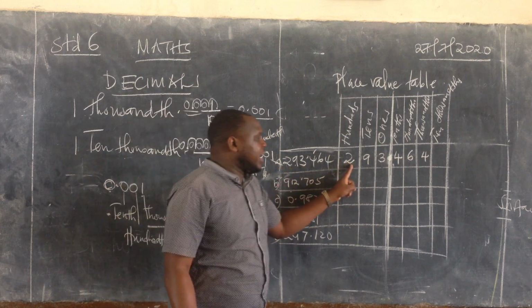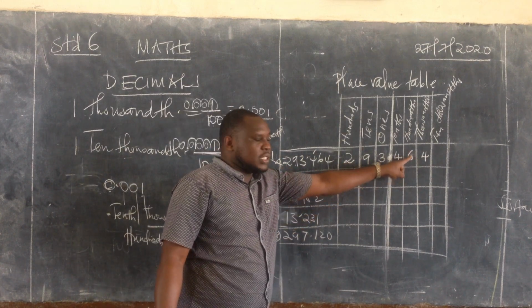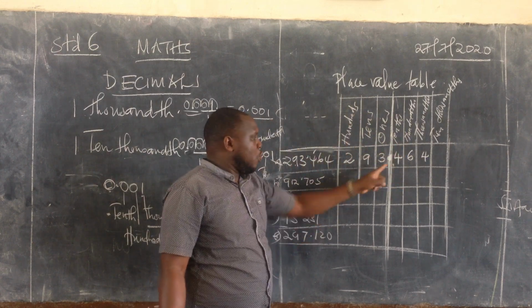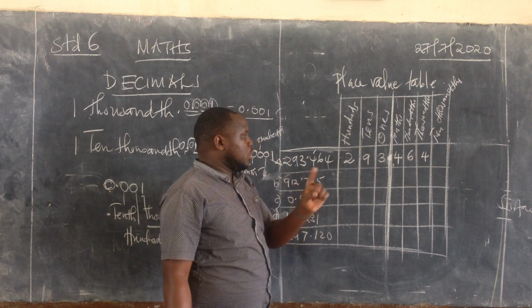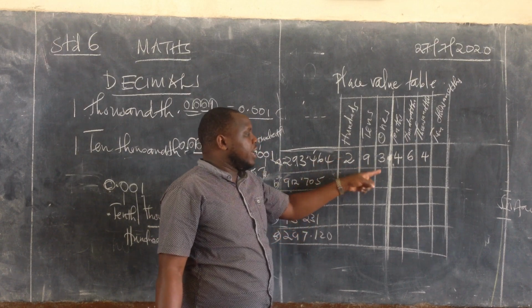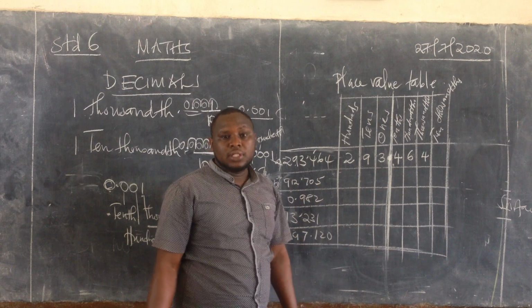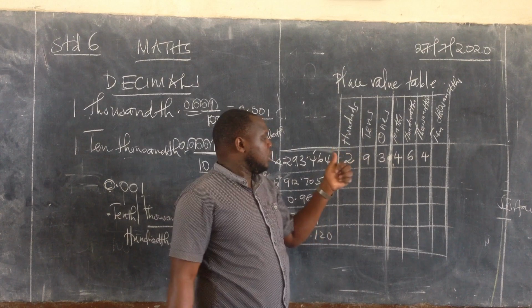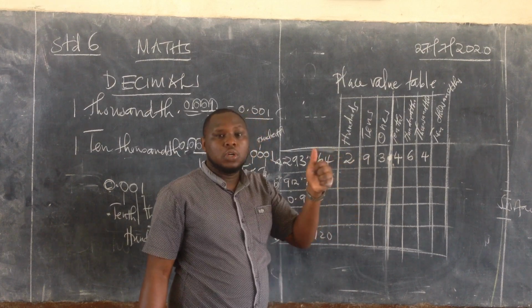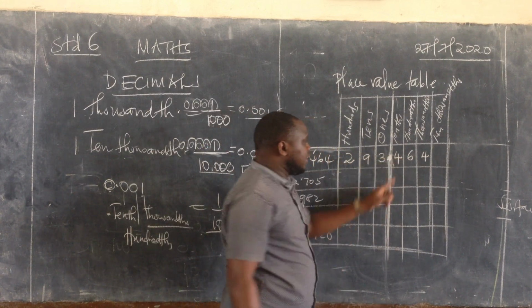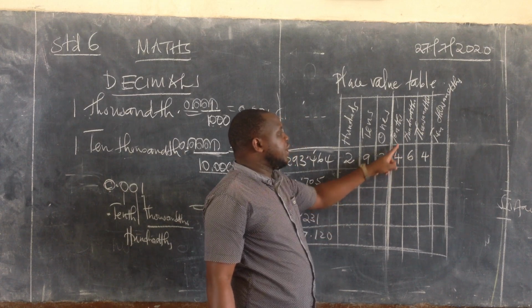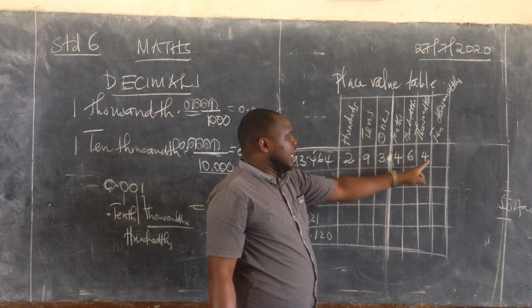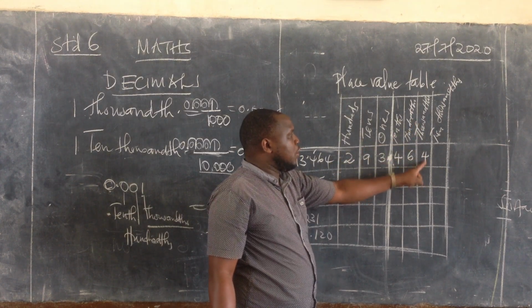This is read as 293 point 4 6 4, not 464. After the decimal point, we mention each number alone. So the place value of the digit 4 immediately after the decimal point is tenths. The place value of digit 6 is hundredths. The place value of the last digit 4 is thousandths.